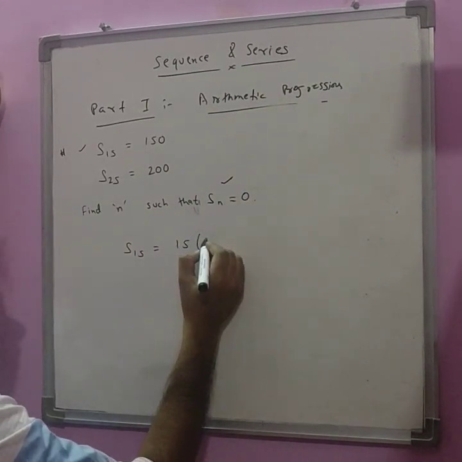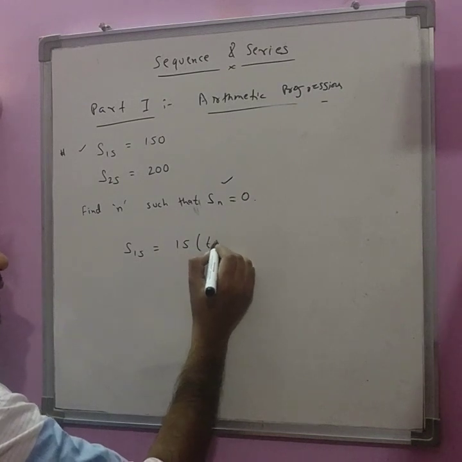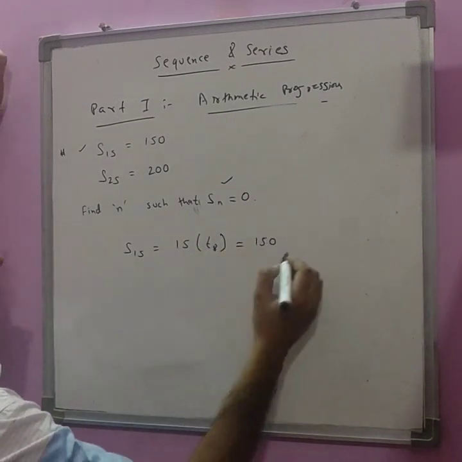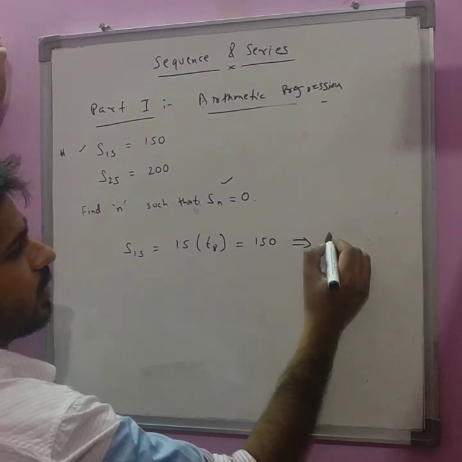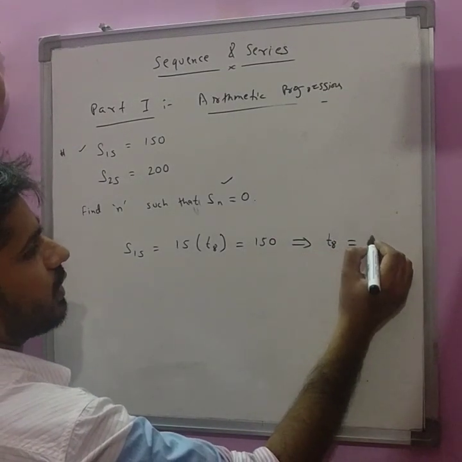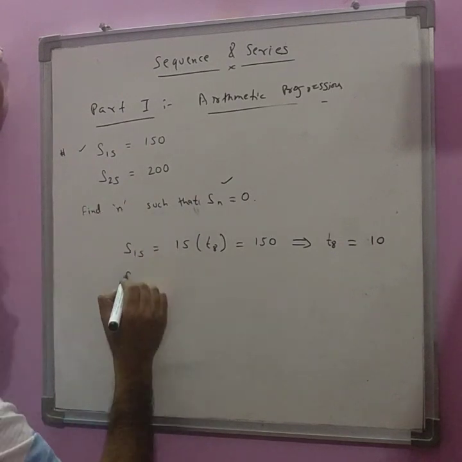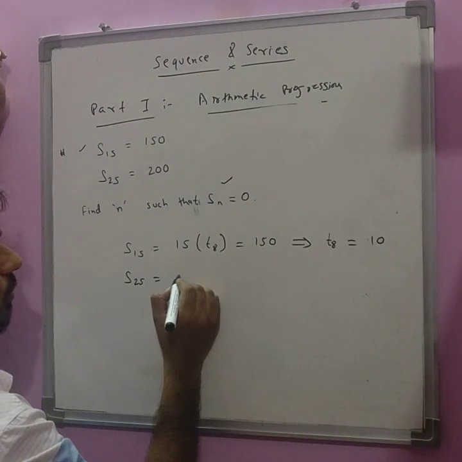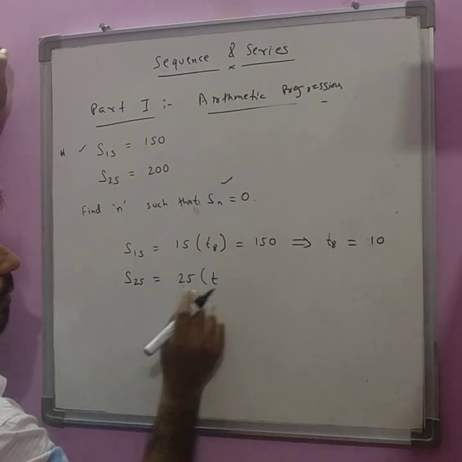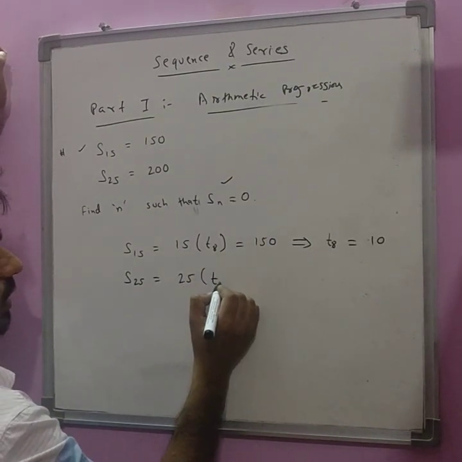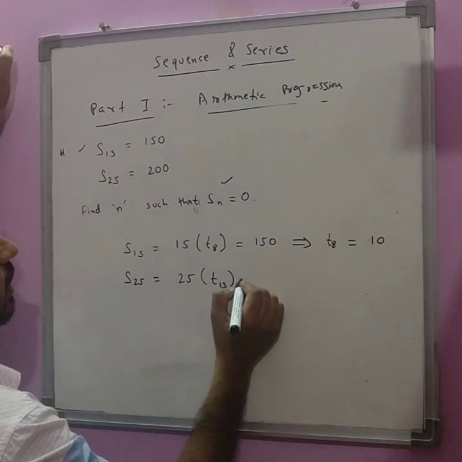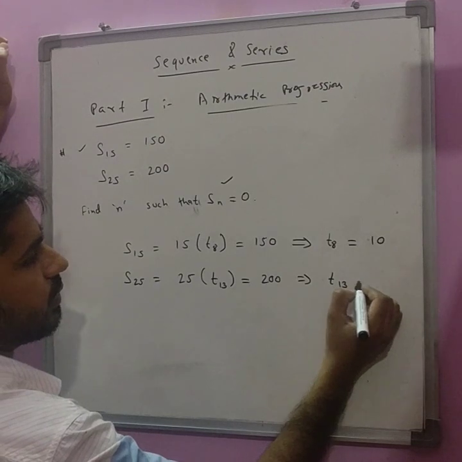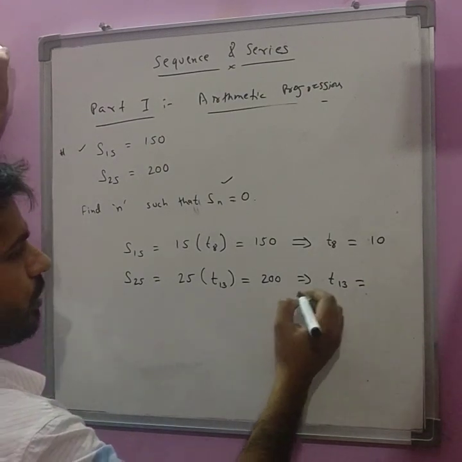The middle term for 15 terms would be the 8th, and this is equal to 150, so the 8th term would be 10. Next, S25 is 200, and S25 would be 25 into the middle term, the 13th term, so 200 gives the 13th term as 8.